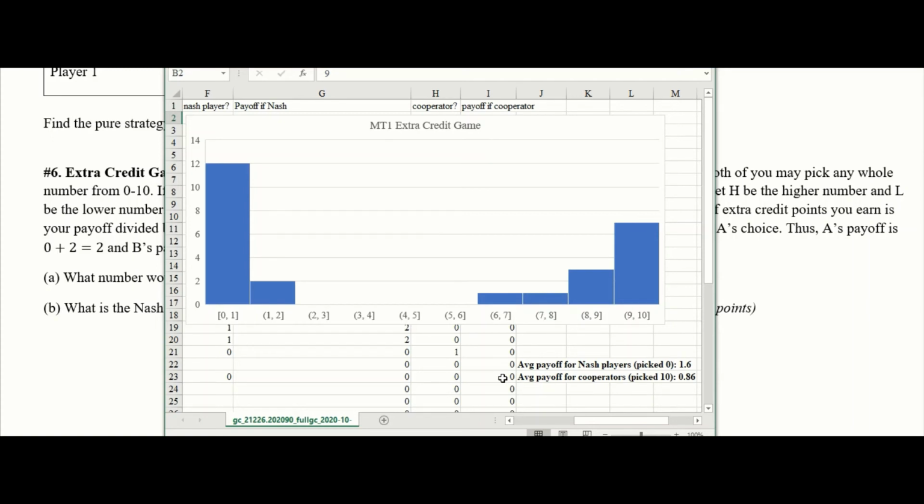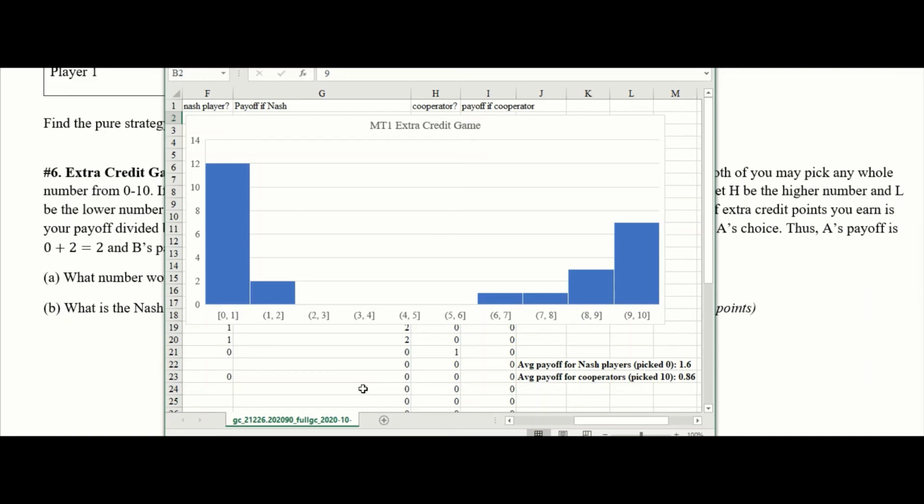What happens if you're a cooperator is that sometimes you run into another cooperator and you both get 10, which is 2.5% extra credit points. However, more frequently, you run into a Nash player who's picking 0 and you get taken advantage of. You get a payoff of -2 in that case. There are so many Nash players out there that it dragged down the payoff for the cooperators.